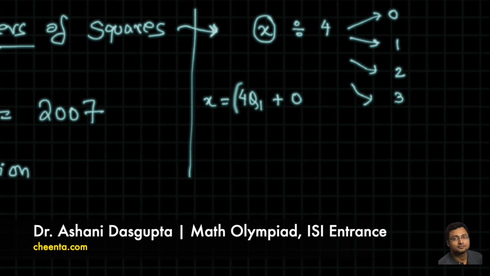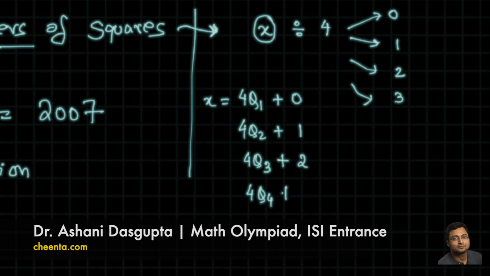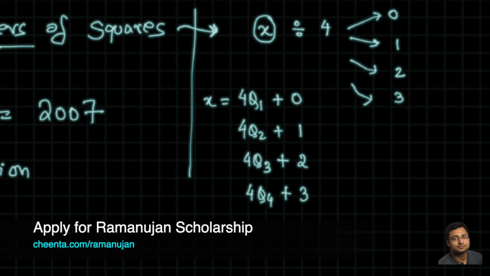This is the divisor, this is the quotient and the remainder. This is the general form. Or you could write it as 4 times some quotient plus 1, or 4 times some quotient plus 2, or 4 times some quotient plus 3. Any number x can be written in one of these 4 forms.